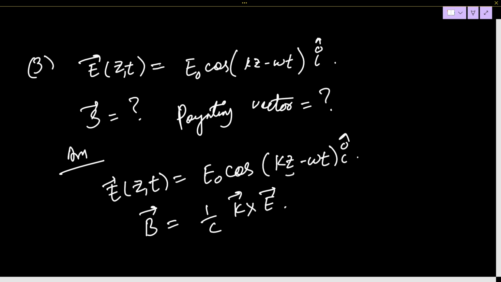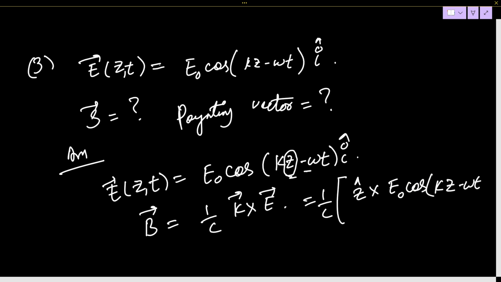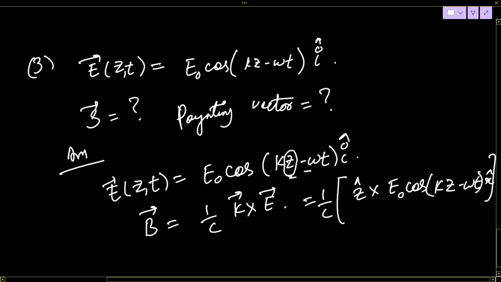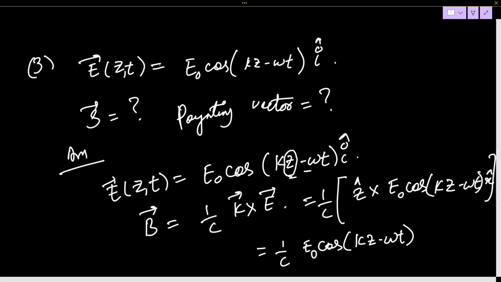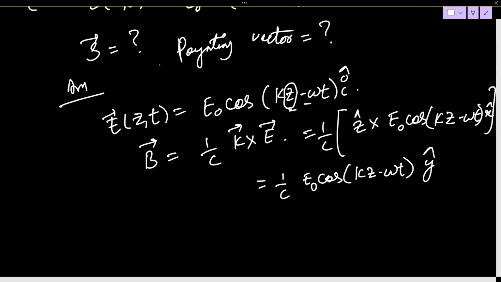So k vector is what actually? Z cap. This is minus, so z will be positive. So z cap cross E naught cos kz minus omega t I cap. Let me write it as x cap. So 1 by c E naught cos kz minus omega t, z cap cross x cap is y cap. This is the magnetic field.